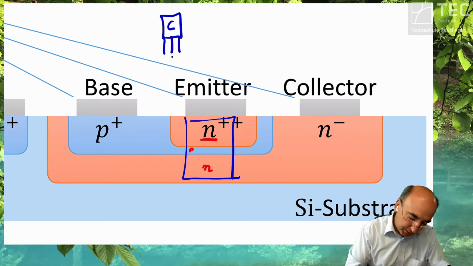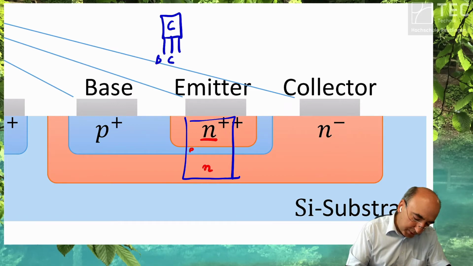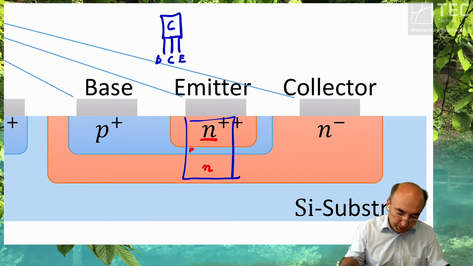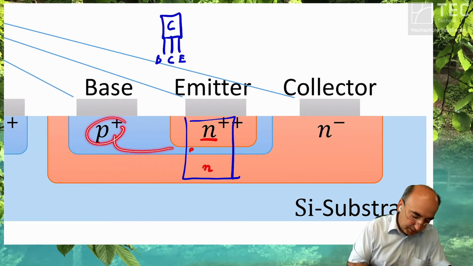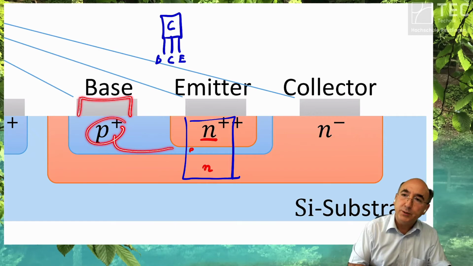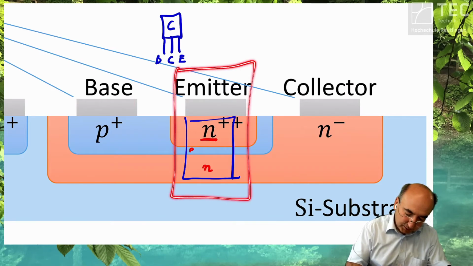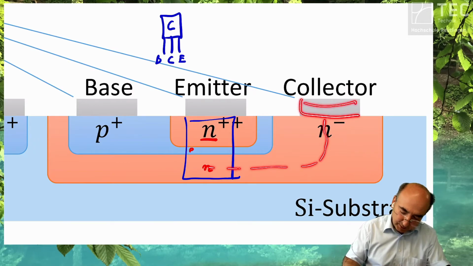Your collector is here, this pin. And I think usually the base is at the right hand side and the emitter is at the other side. Okay, to be able to contact them, you have to have a contact area with the base metallization, the ohmic contact. The emitter is placed just in the center of the transistor, and then the collector is placed here.